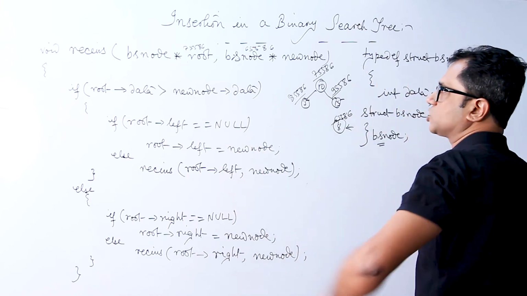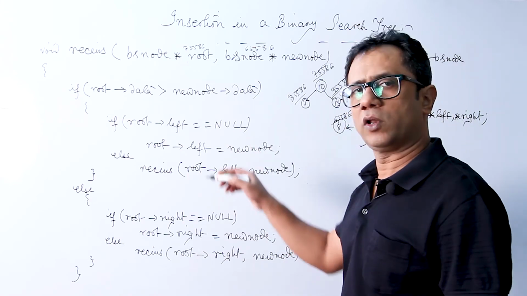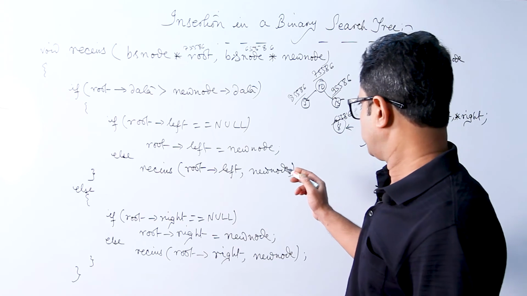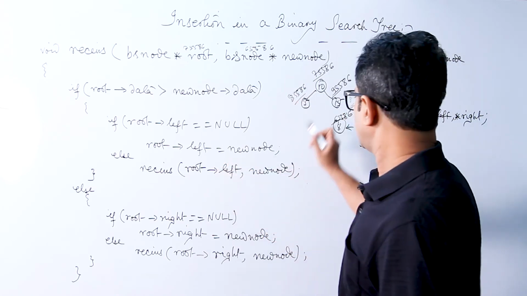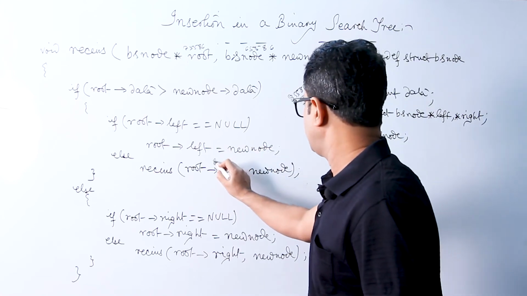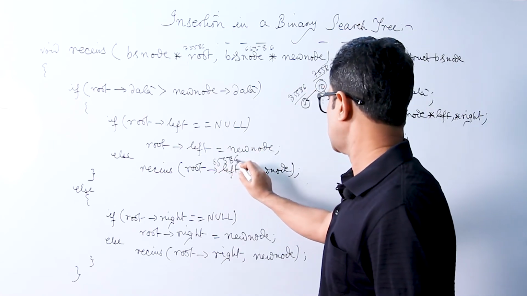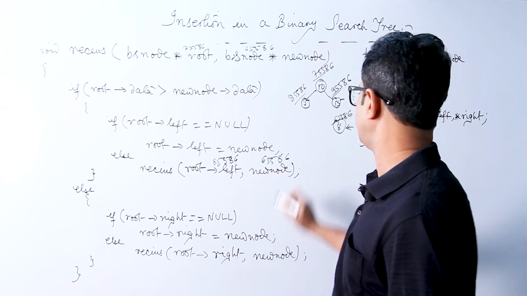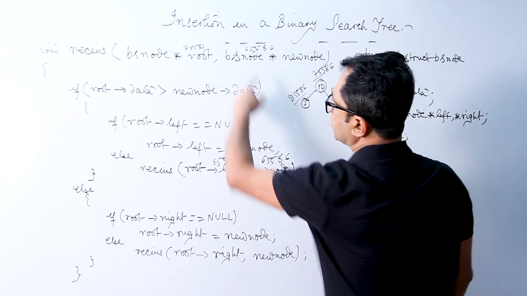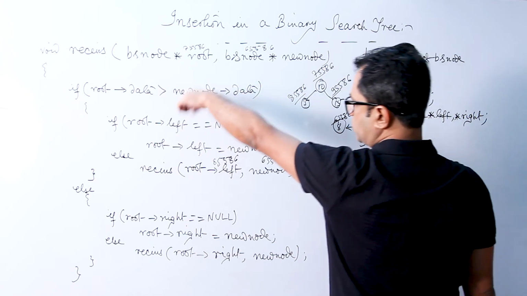Again we will call the function recursively with the arguments, that is, root left is now 85586, and new node is, just like in the previous manner, 65586. So we will again come to this function and execute it in this way.